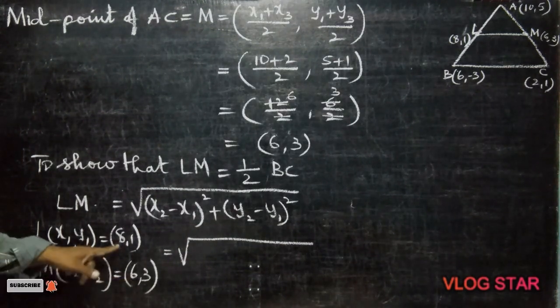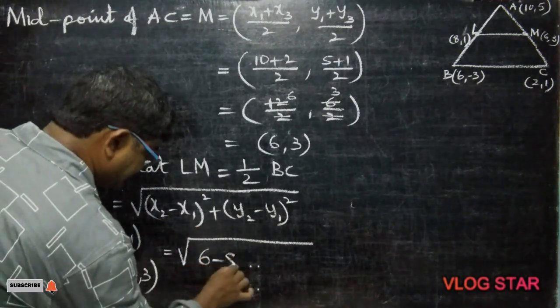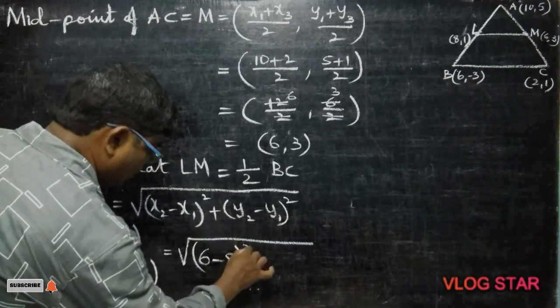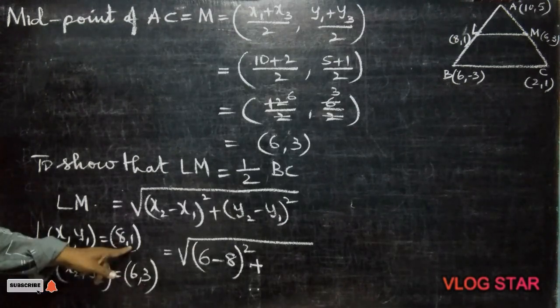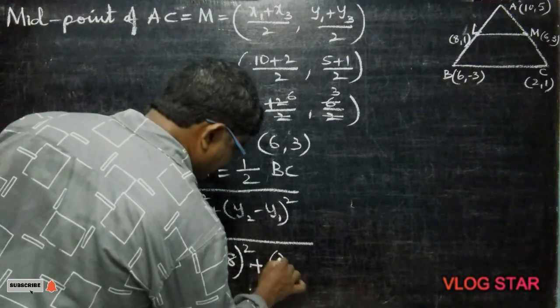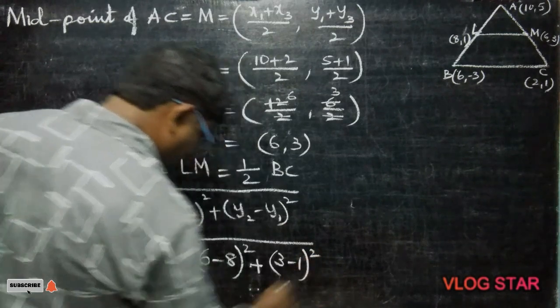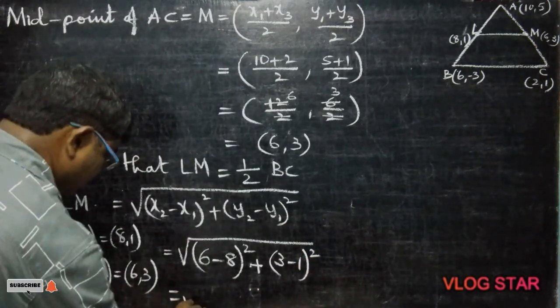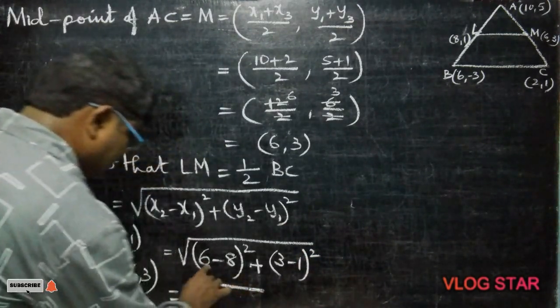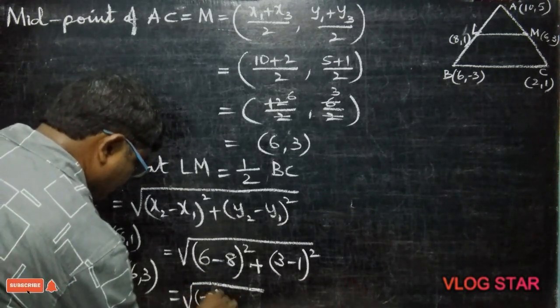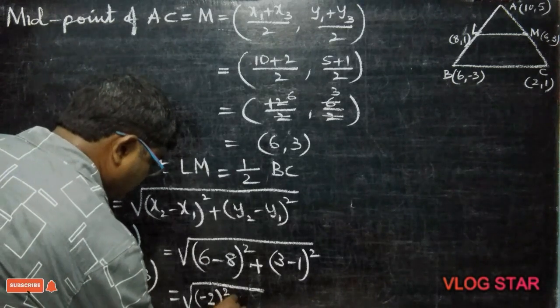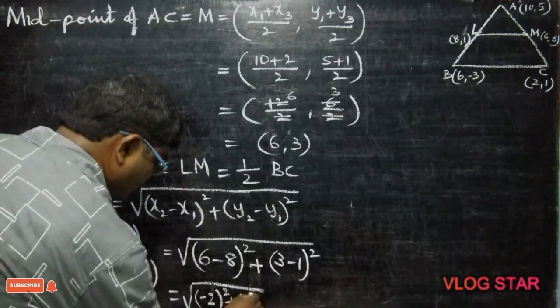Now 6 minus 8, whole square, plus 3 minus 1, whole square. That is equal to square root of (6 minus 8 is minus 2) minus 2 whole square plus 2 square, since 3 minus 1 is 2.